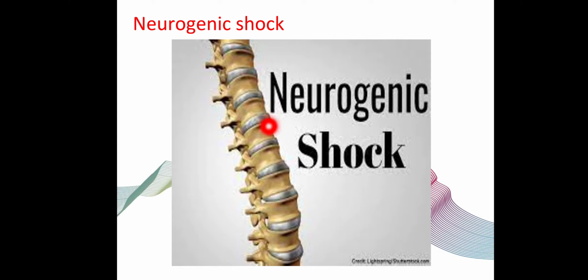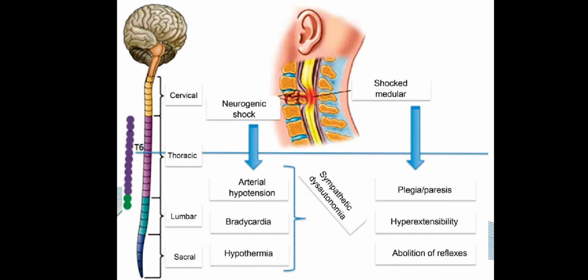Whenever there is damage to the spinal cord, it will lead to loss of sympathetic reflex, right? The sympathetic tone will be lost, and that will result in, you can say, an over parasympathetic response, right?